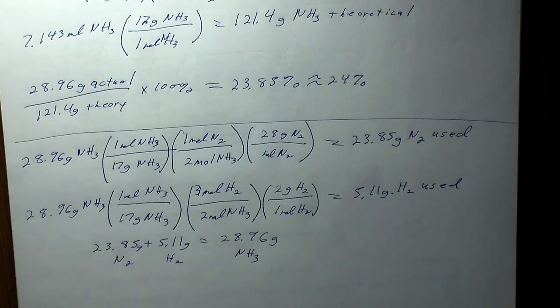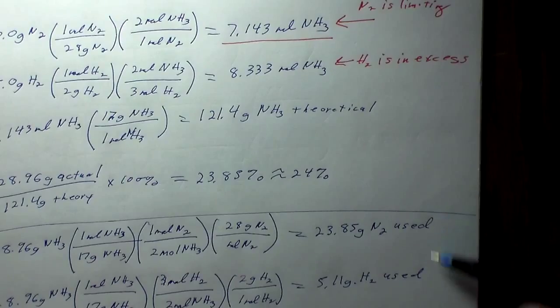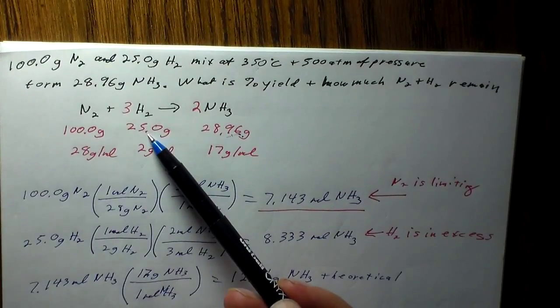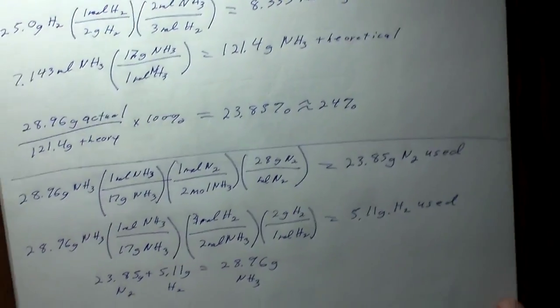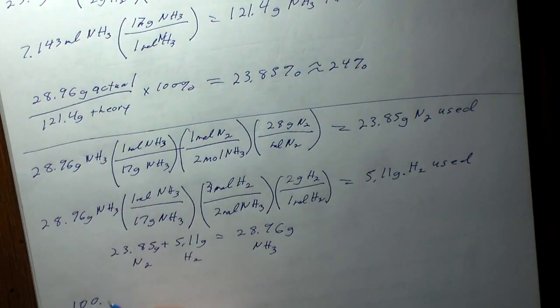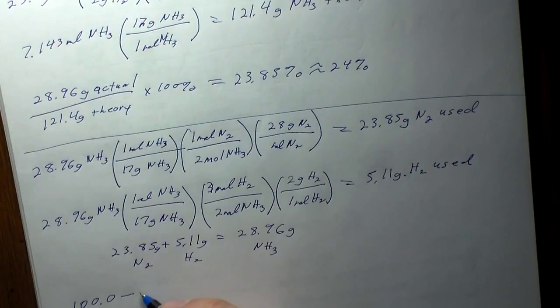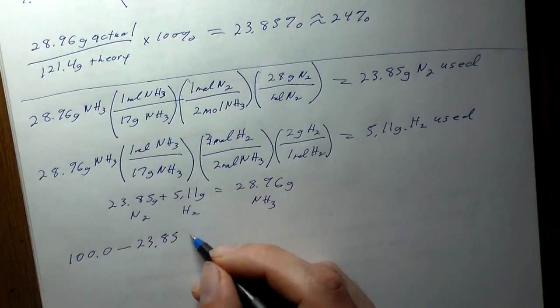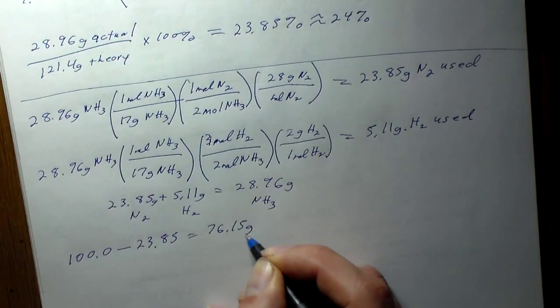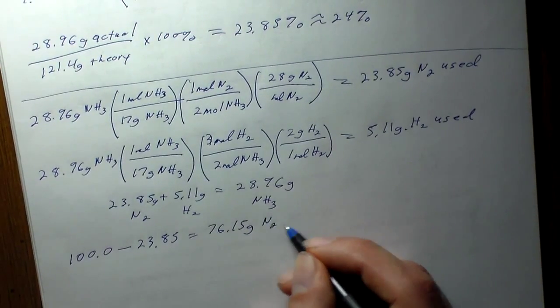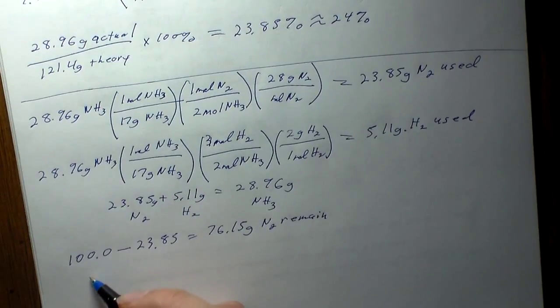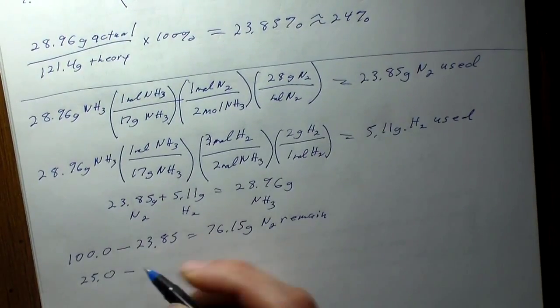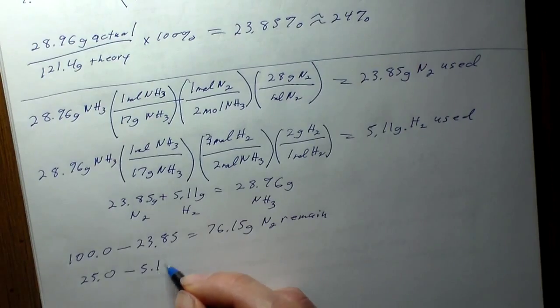Now we just wanted to figure out how much nitrogen and hydrogen actually remain. Well, remember, this was the amount used. This was the amount we started with. So we just subtract the amount we started with minus the amount used, and that's the amount that remains. So that's going to be 100.0 minus 23.85. So that's going to be 76.15 grams of nitrogen remain. And then down here, that's going to be 25.0 minus 5.11.